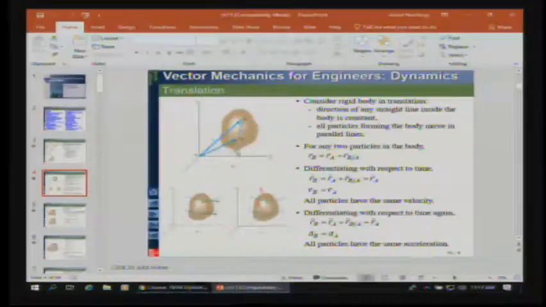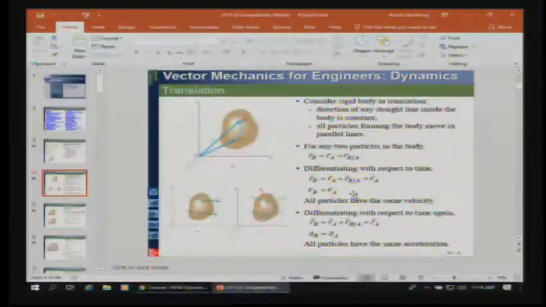If we have a rigid body and we look at points A and B on that rigid body, and we reference them to a fixed reference frame from, in this case, point O, we can see that the position of point B can be thought of as the position of point A plus the vector that describes the relative position of point B with respect to A. And we can differentiate those and find out that the velocity of any particle in pure translation is the same.